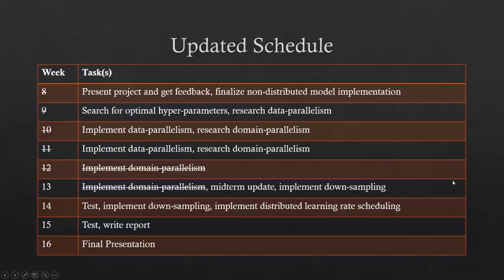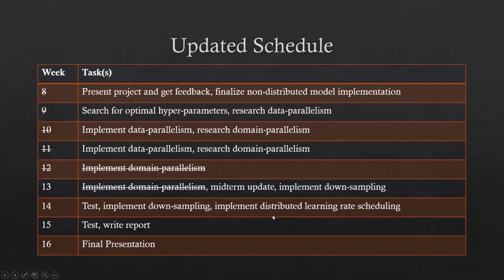Okay, so that's what I'm going to do for the rest of the semester. And here's my updated schedule. We're on week 13. This is my midterm update, and I'll start working on downsampling. I have an initial implementation, but it definitely needs to be finalized. Next week, I'll do some more testing and continue to implement downsampling.